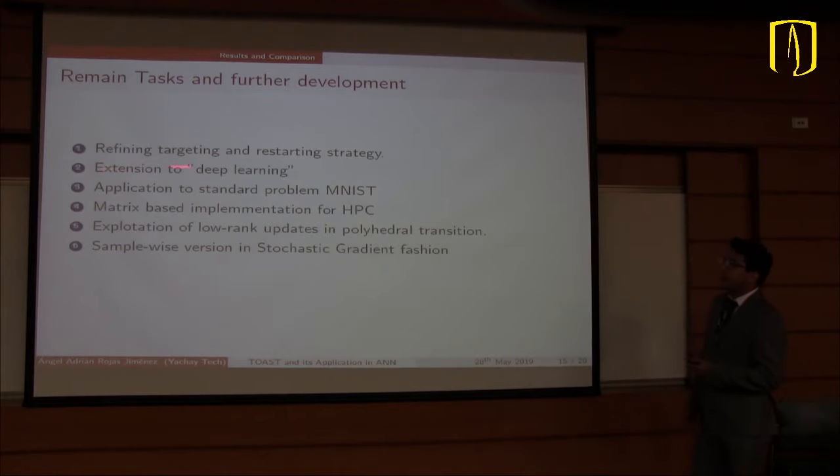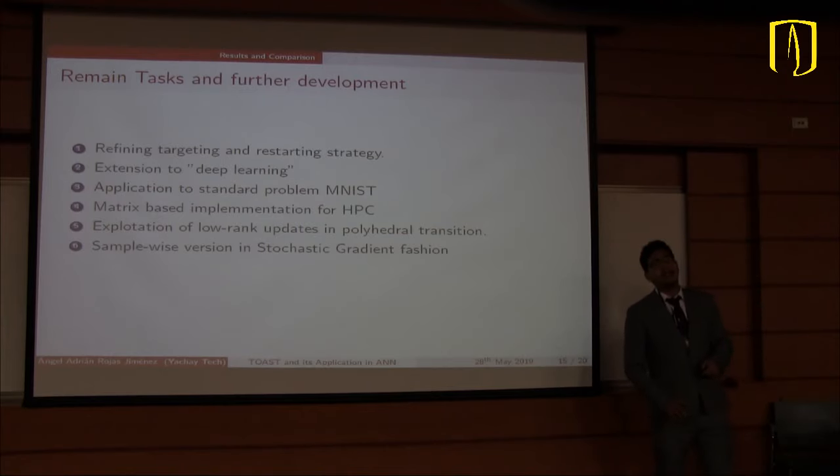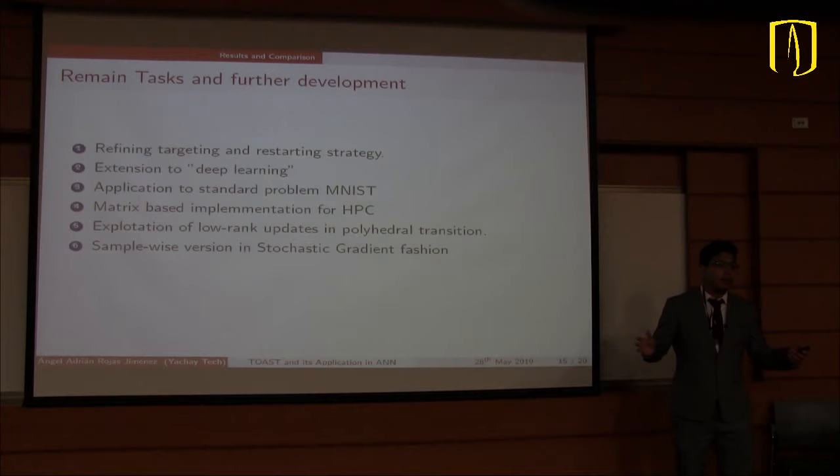Then we can extend our algorithm, which is written in C, to deep learning, because we are treating just one layer. But the whole mathematical analysis is already done for an arbitrary number of layers, and the algorithm is already implemented in pseudocode.